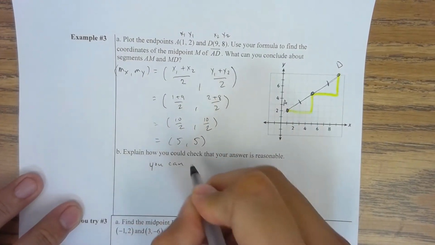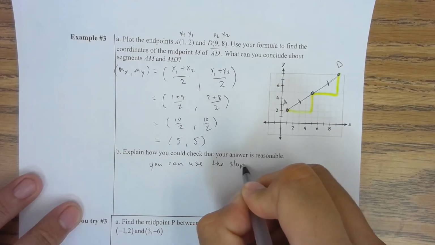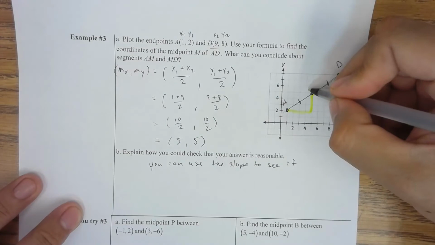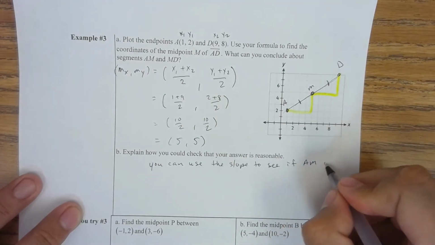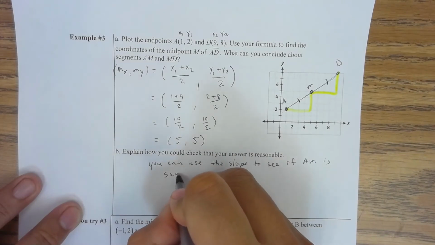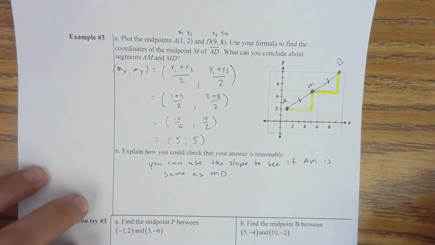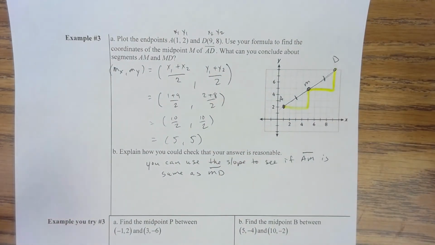You can use the slope formula to see if AM is the same as MD. So we can use this little triangle to see if we have the same shape.